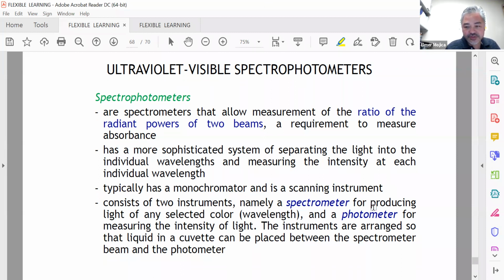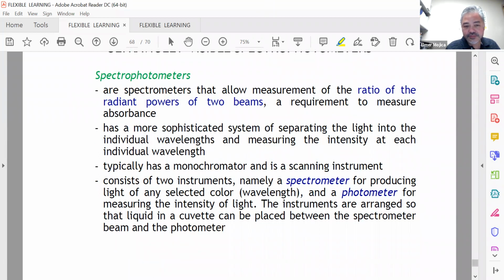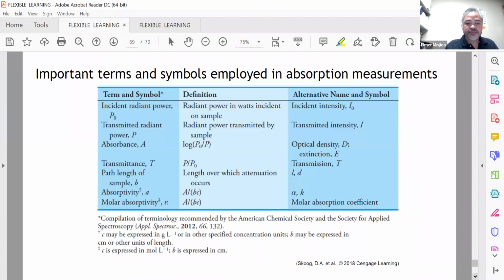Now, other terms here. The incident radiant power, okay? That's the radiant power incident on the sample. Incident intensity is the alternative symbol that you can have. And then the transmitted radiant power, P, is the one that was transmitted by the sample.